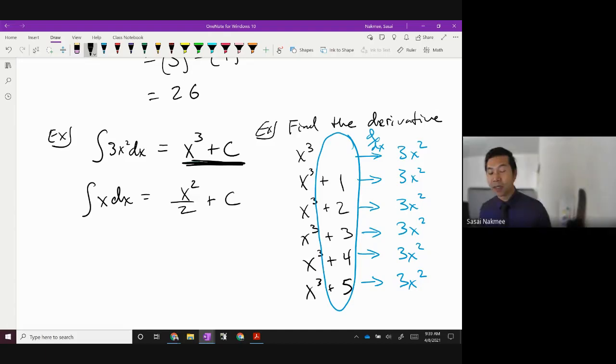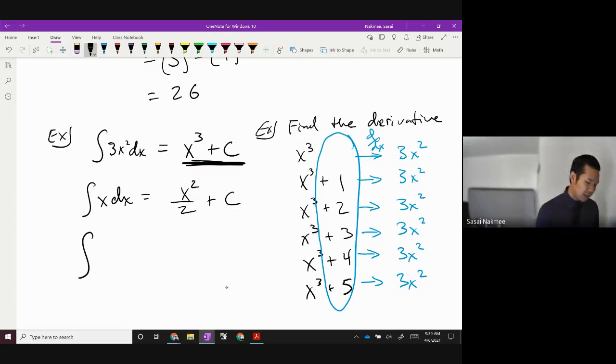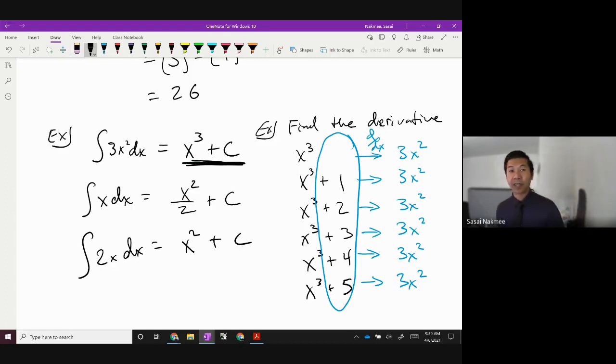Don't forget the plus c. What's the antiderivative of 2x dx? That's going to be equal to x squared plus c. You just need to not forget that plus c. That plus c is the one that comes into all of your antiderivatives when you have an indefinite integral, when you have no values for your a and your b.